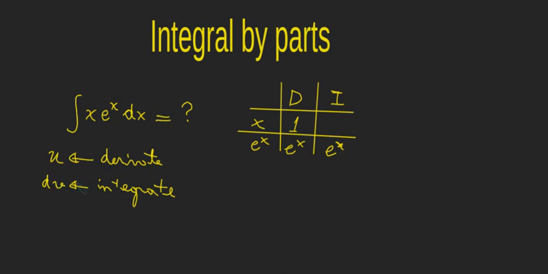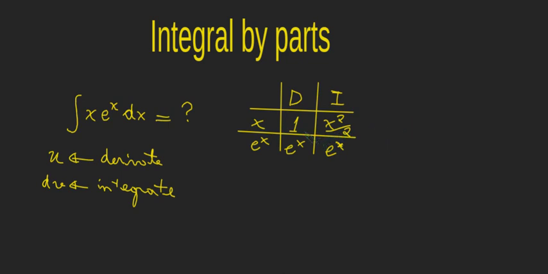If I choose to call x dx dv, I have to integrate it, and the integral of x is x squared divided by 2. I can do both calculations. It is not hard. Both are simple.